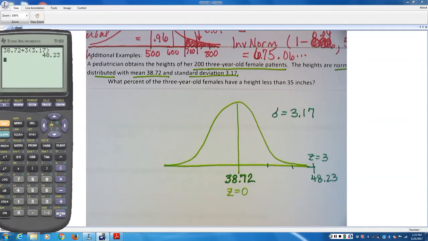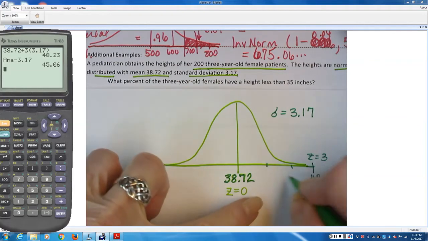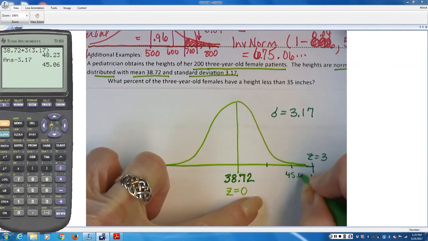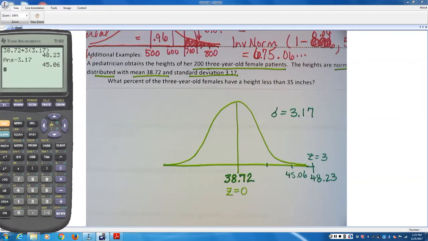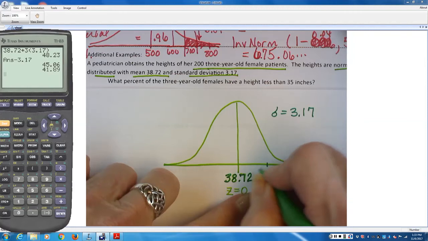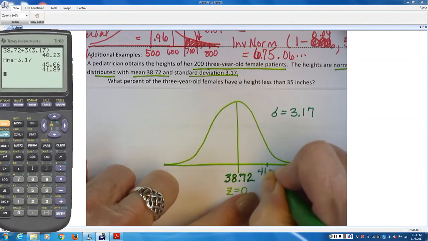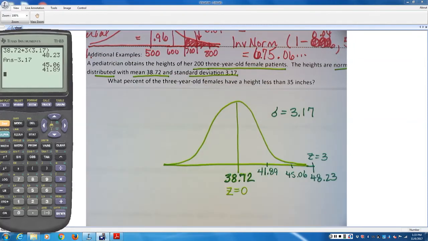And now I'm going to subtract 1 standard deviation. And I'm down to 45.06. And then I'm going to hit enter again, and it's going to subtract another standard deviation, 41.89. And there's all the rest of my curve labeled in.